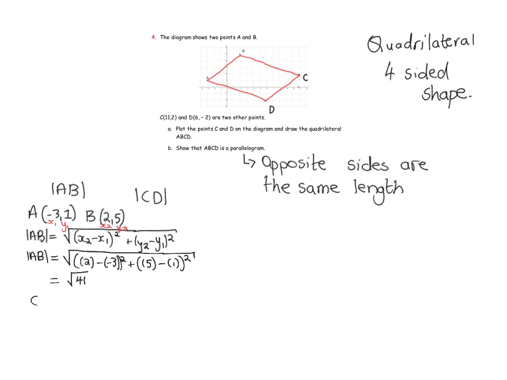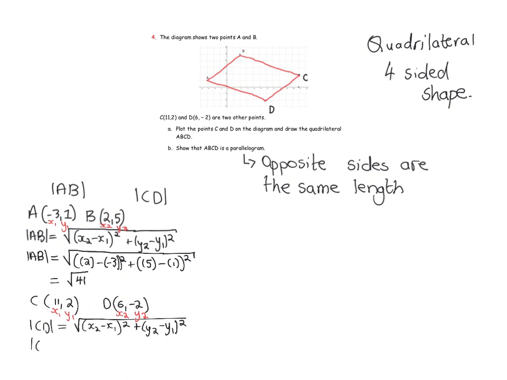Now, to get CD, C is 11, 2, and D is 6, minus 2. Again, for CD, we're going to use the formula from the formula and tables booklet: x2 minus x1 squared plus y2 minus y1 squared. I'm just going to label the points here. So 11 is our x1, 2 is our y1, 6 is our x2, minus 2 is our y2.